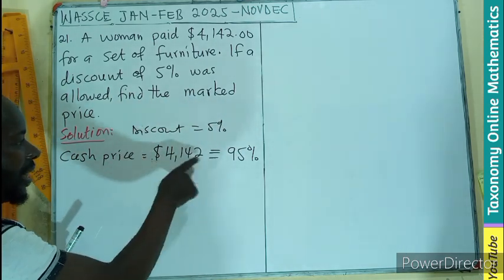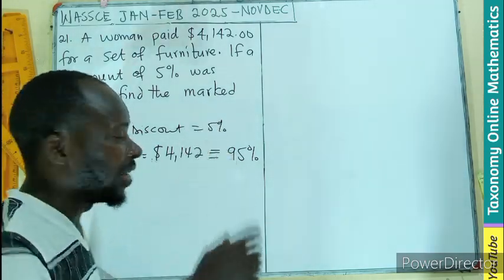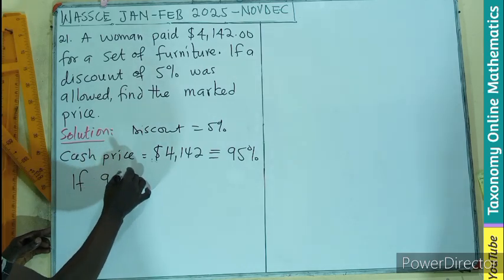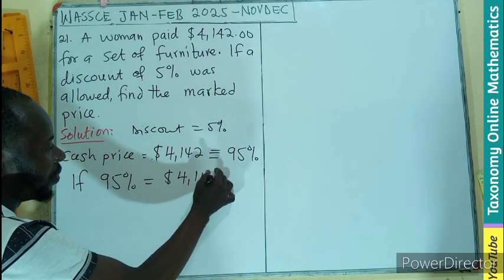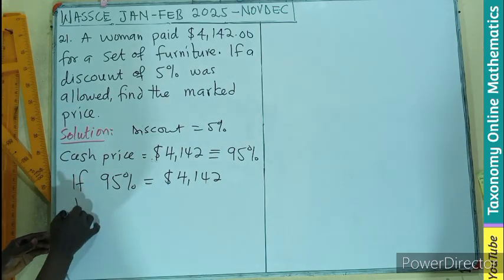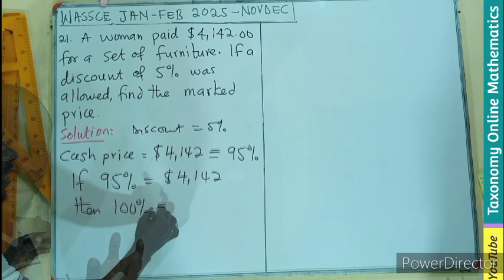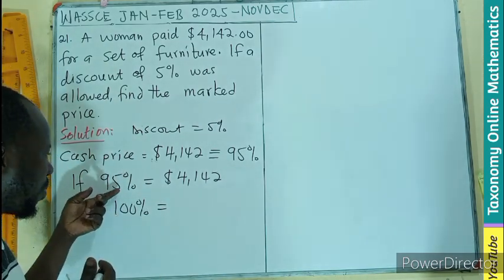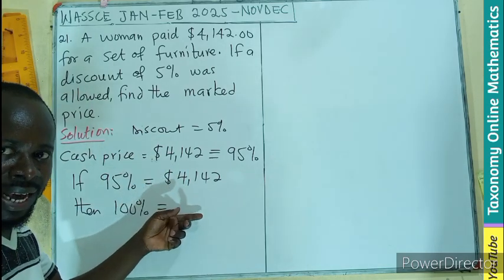Now, if this is here and this is here, then I am looking for the original price, which is 100%. So I only say that if 95% is giving me this amount, then the actual price, which is 100%, in the comparison, as we are comparing percentage, then dollars as in money and money.